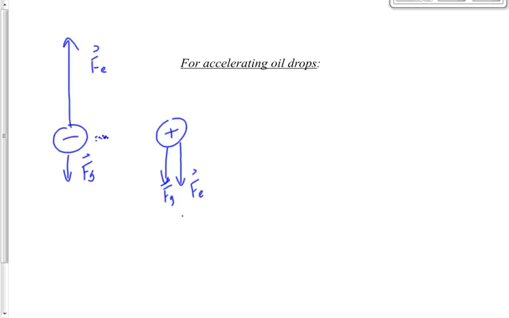More than 9.81. Because with just gravity, it would be 9.81. But with both of those, it's got to be bigger than 9.81. What about this one? While we're at it. It's going to accelerate downwards, right? Because Fg is bigger. At what rate? Something less than 9.81. Because you've got an upward force countering gravity.